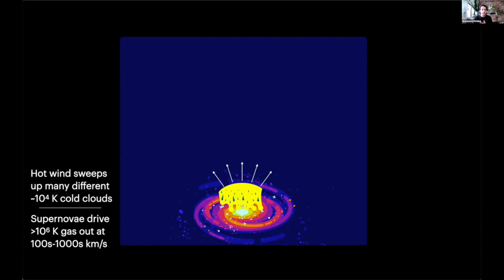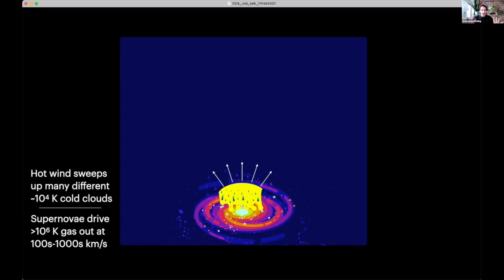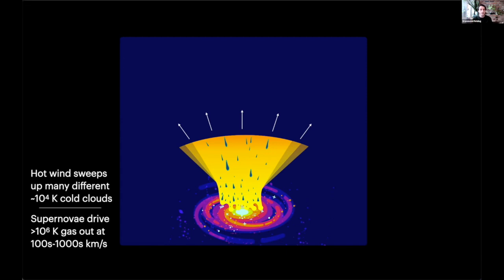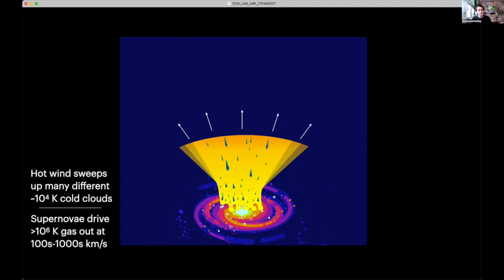Okay, you'll have small clouds and big clouds, and they'll all be roughly 10,000 Kelvin. And as the wind starts to accelerate by them, it's going to try to sweep them up and accelerate them. But as we saw, different clouds are going to be accelerated differently.